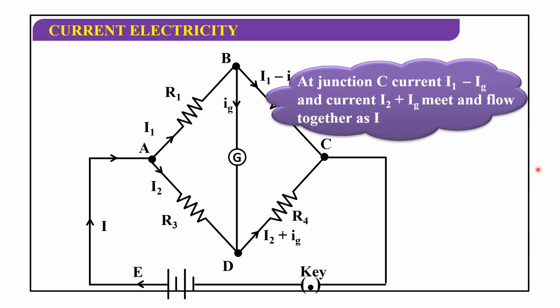At junction C, I1 minus IG coming through BC and I2 plus IG coming through DC combine and flow together as I and return to the same EMF source.